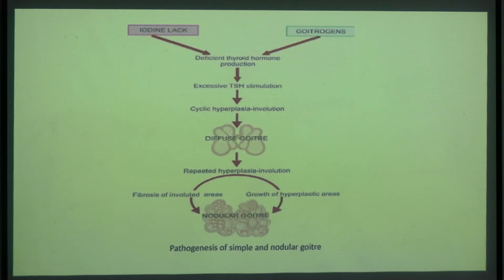So, pathogenesis of simple and nodular goiter: lack of iodine or some goitrogen, deficient thyroid hormone production, excessive TSH stimulation, cyclic hyperplasia and involution, diffuse goiter, then repeated hyperplasia and involution, and this produces nodular goiter.